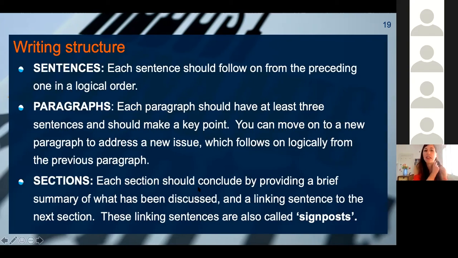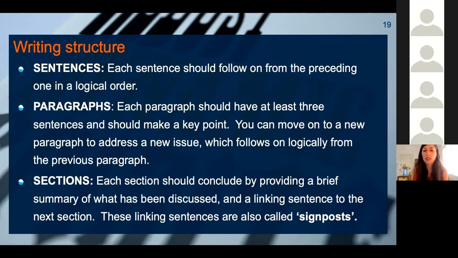And then there are sections. Each section should conclude by providing a brief summary of what has been discussed and a linking sentence to the next section. These linking sentences are also called signposts. That's what I referred to at the start of this workshop, where I mentioned signposting. As you go throughout your thesis and throughout the different sections, it's important to always summarize what you have discussed and also look forward to the next section, so the reader isn't left wondering, what is this next section about?